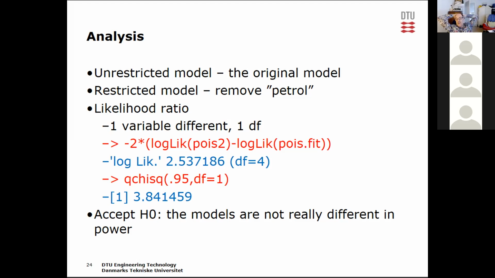Of course, there won't be any accidents, because if there's no petrol, nobody can drive. Ha ha ha. But anyway, take that out and run that. Now you have two models: the original Poisson fit model and this Poisson 2 model. Then you run the log likelihood ratio on this, and there you go. You've got 2.53.